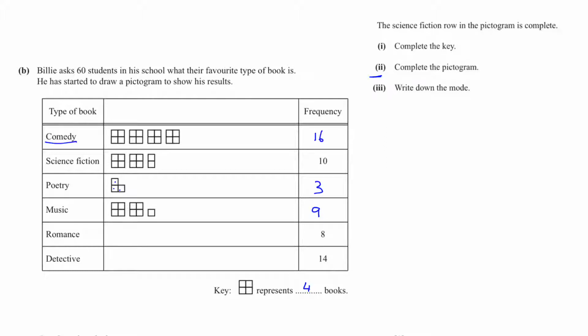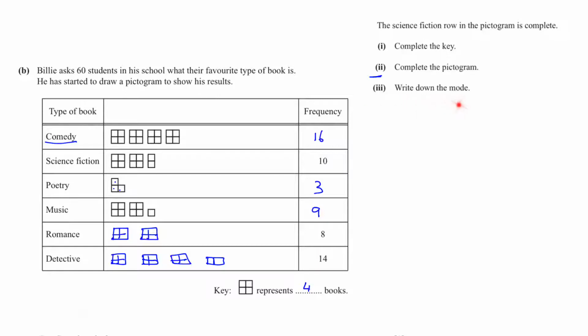Now you have to draw the key for romance and detective. There are 8, so 2 full squares, 4 plus 4, 8. And for detective, 4 plus 4, 8, plus 4, 12. And there are 2 remaining, 13 and 14.